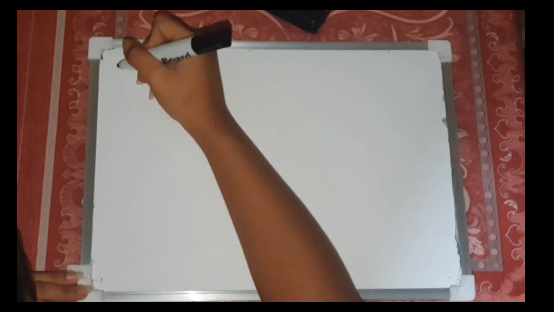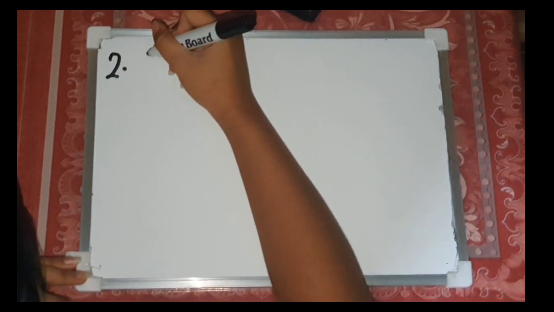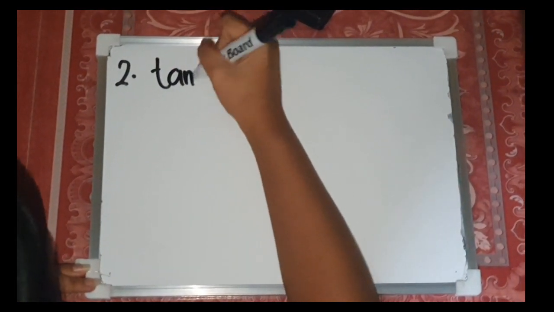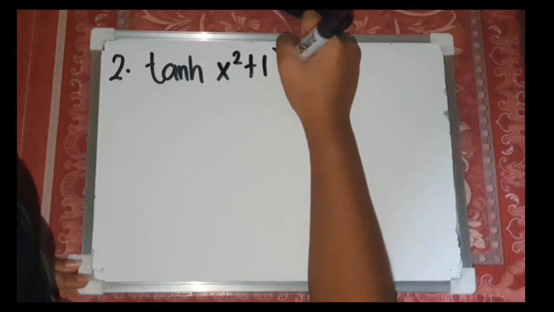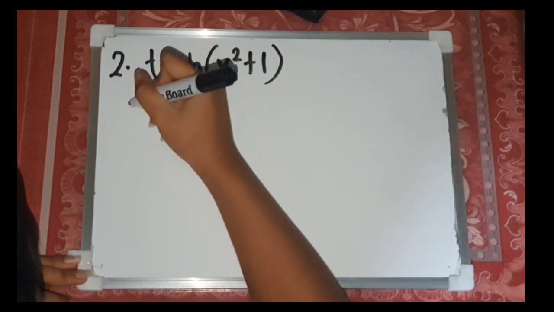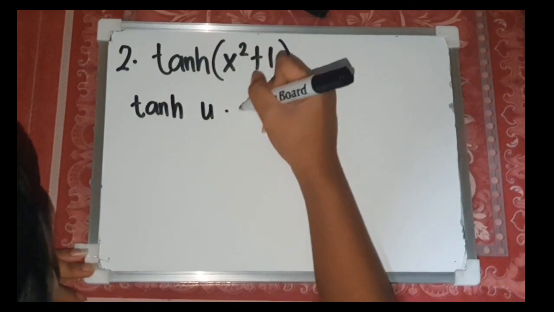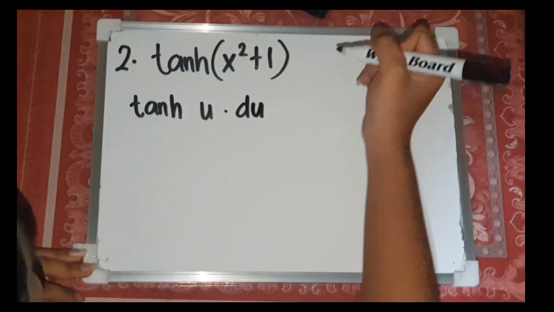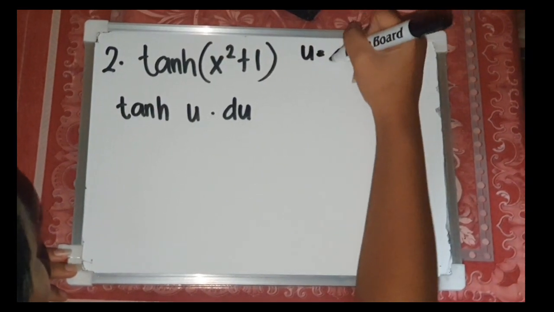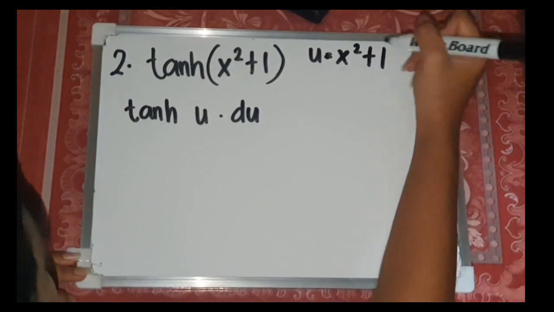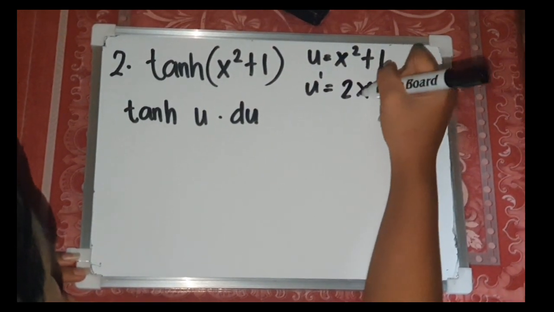Our second example is hyperbolic tangent of x squared plus 1, and then hyperbolic tangent u times du. Our u is x squared plus 1, and the derivative of that is 2x using the power rule.